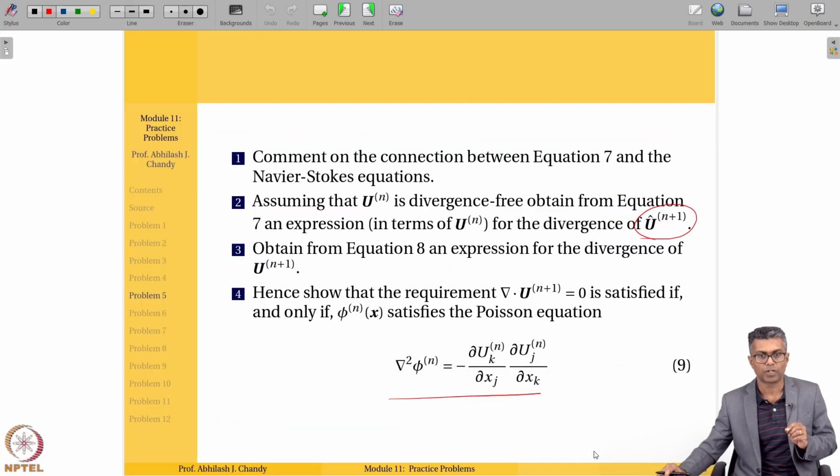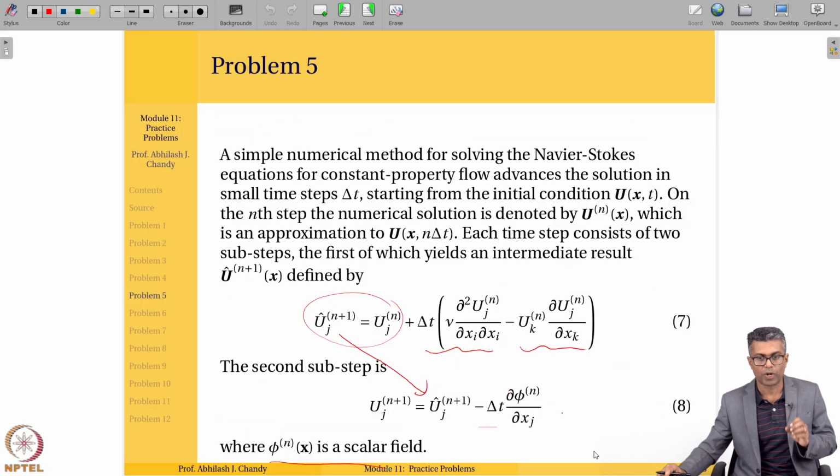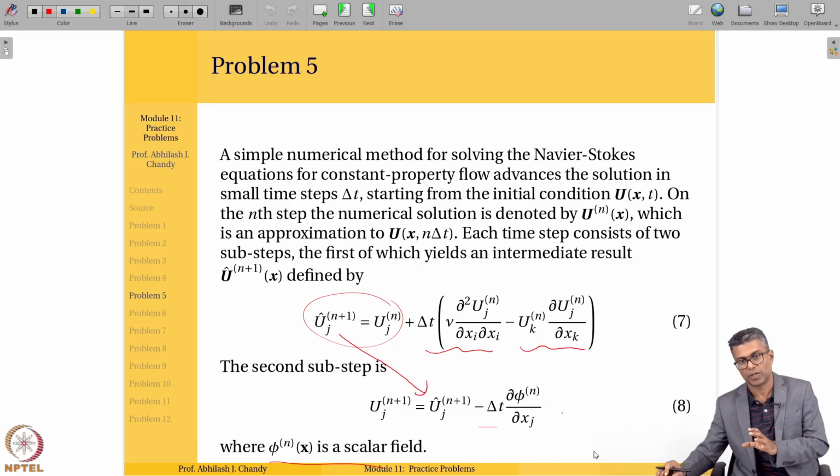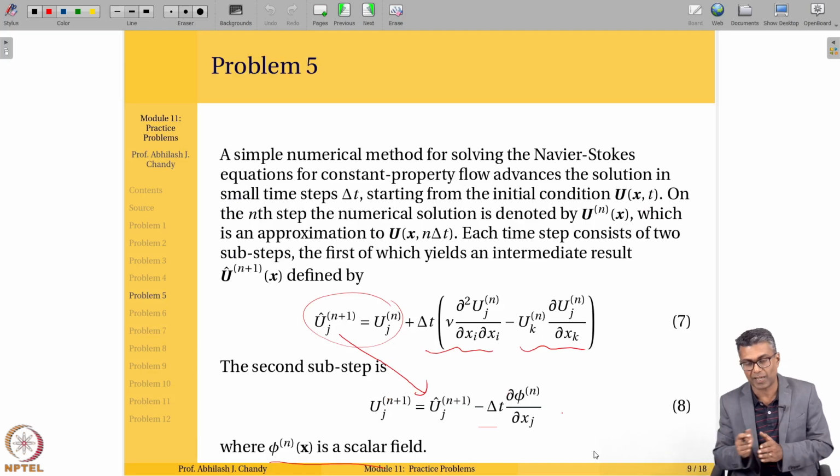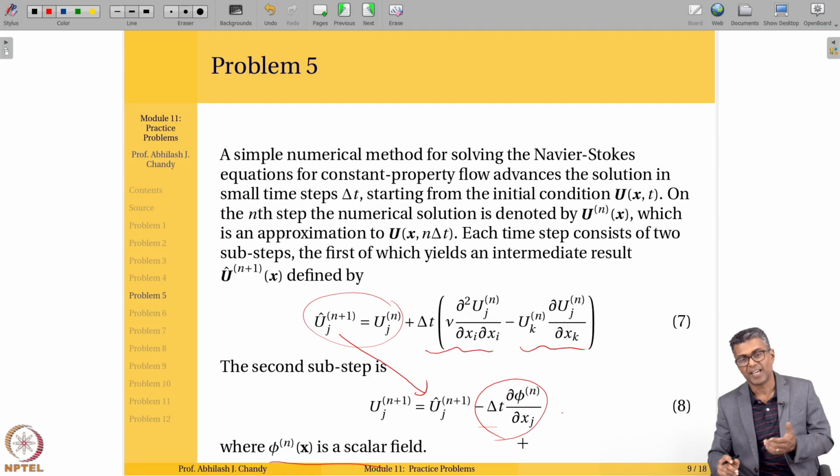First, we had to comment on how this equation relates to the Navier-Stokes equations. It seemed like equation 7 did not use the pressure term. But now that we have done all 4 parts, we realize that this is satisfying the Poisson's equation, or in other words, that phi is a scalar, or it is the pressure.